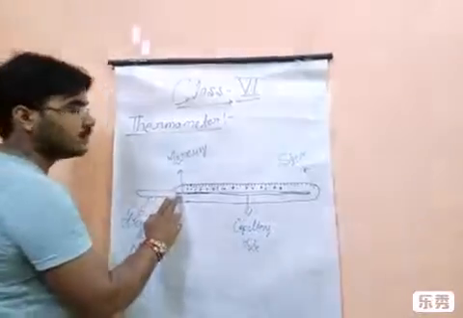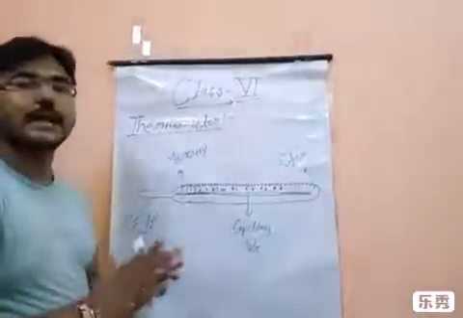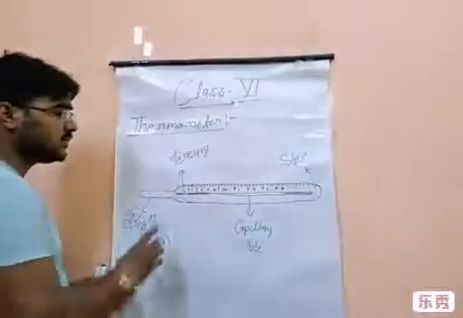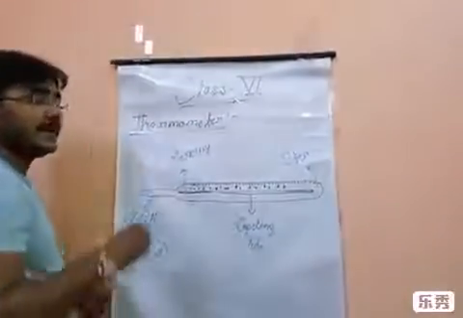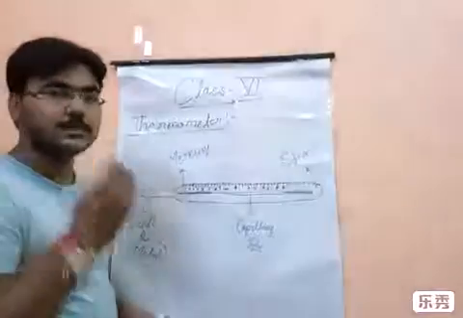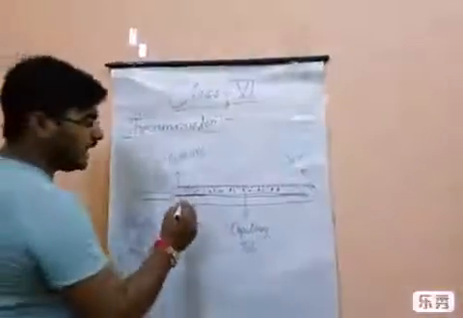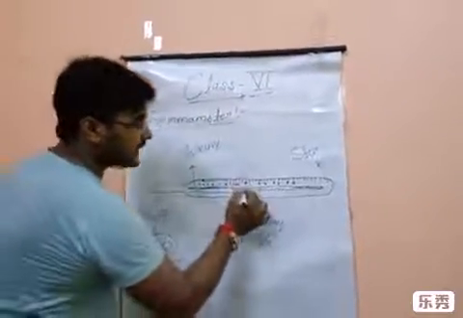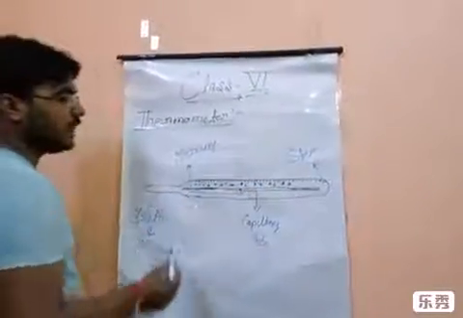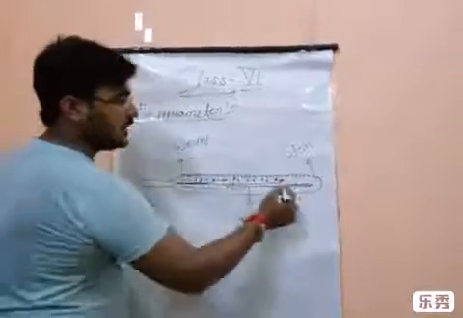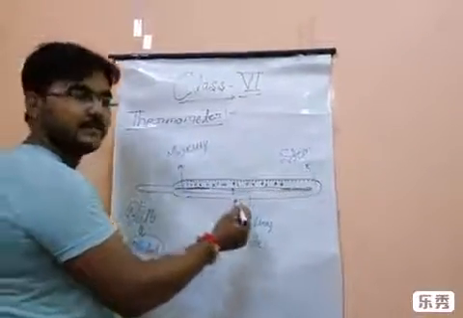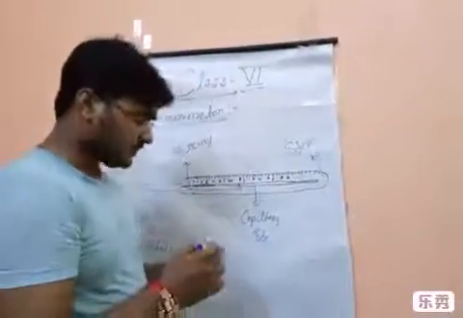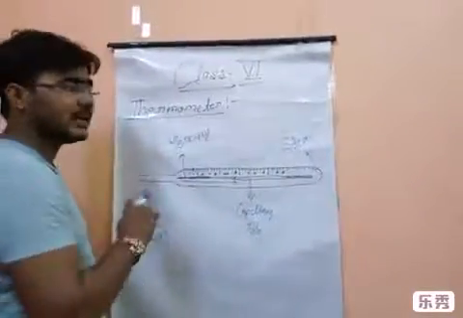The mercury will then expand, as we have studied in expansion of liquids. According to how much heat it gets, it will expand upward. Suppose it has stopped up to here. Now we see the reading. These are the degrees given, and we see this and tell how much fever a person is having. So these three points are clear.